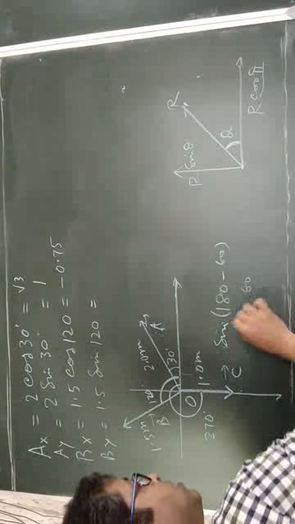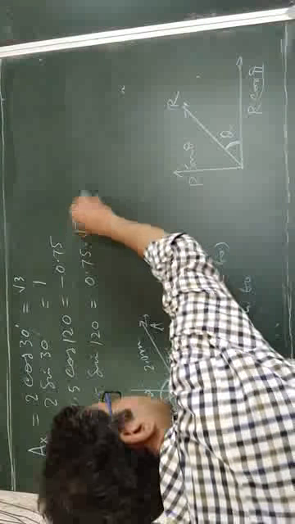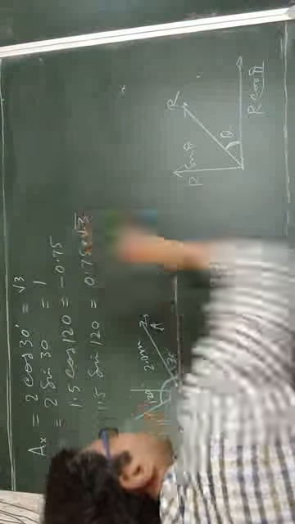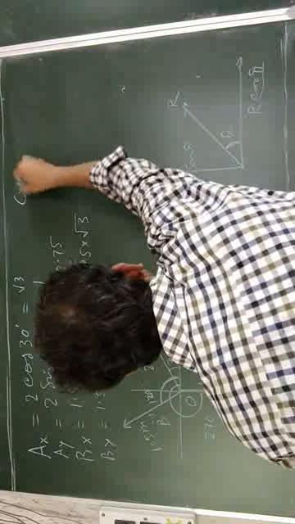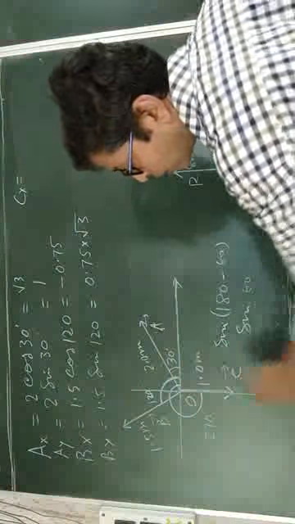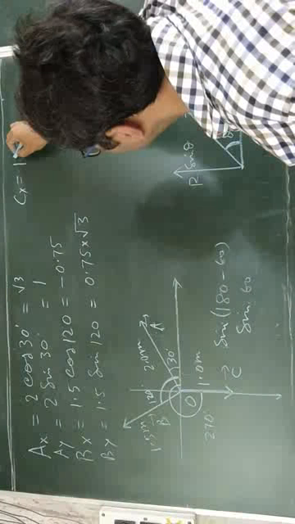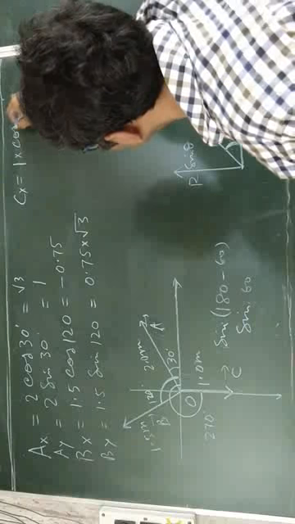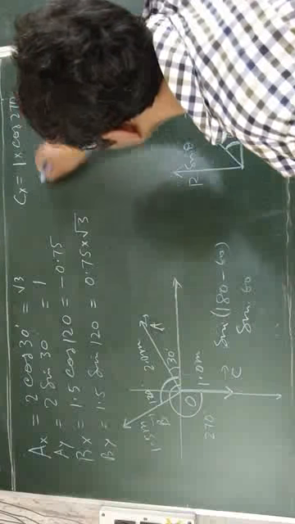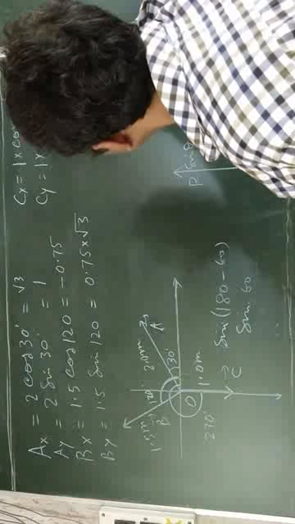That means 0.75 into root 3. And Cx is what? C, this one, the angle is 270. That means 1 into cos 270, and Cy is equal to 1 into sin 270.